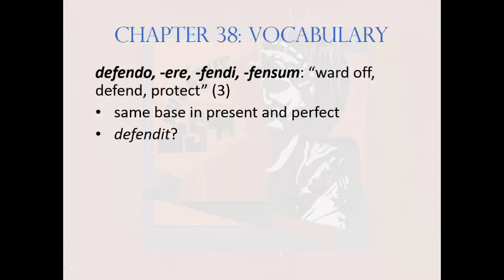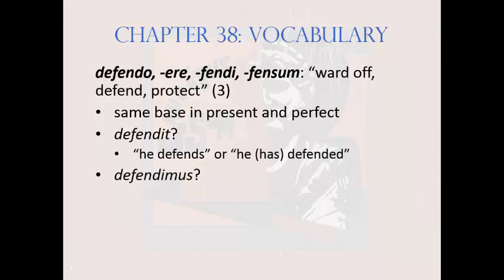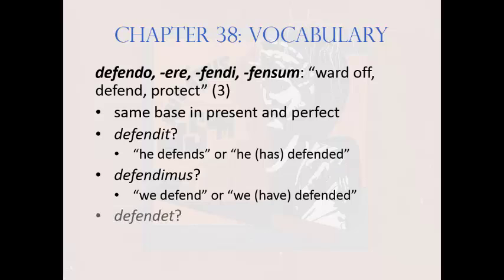Or should I say, what do defendit mean? He defends, or he has defended. And defendimus? We defend, or we have defended. So what about defendet? What does e mean in third? I know you know this by now, come on. It's future. So, he will defend.